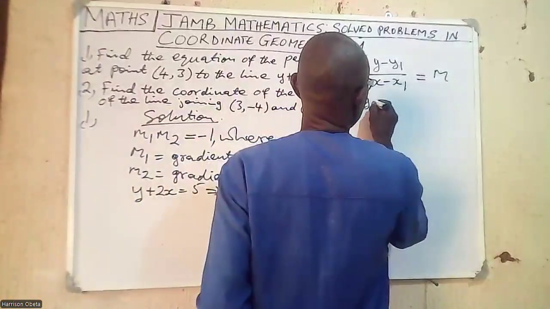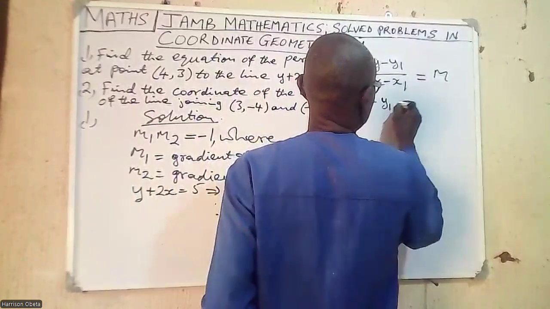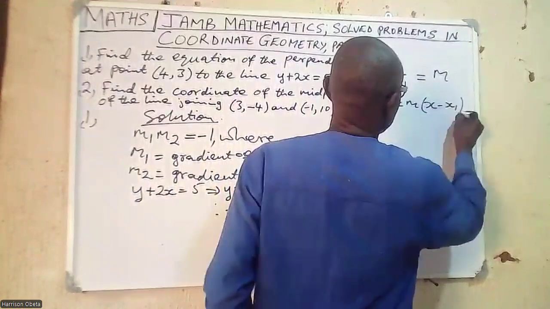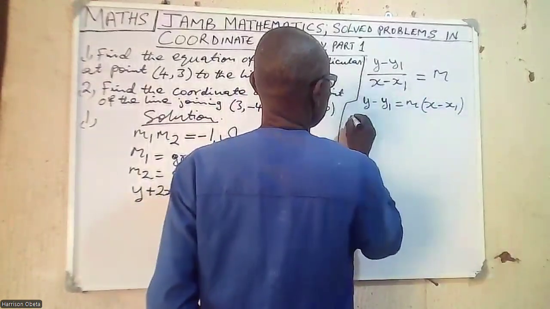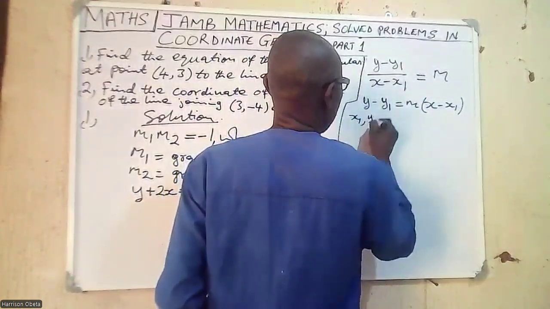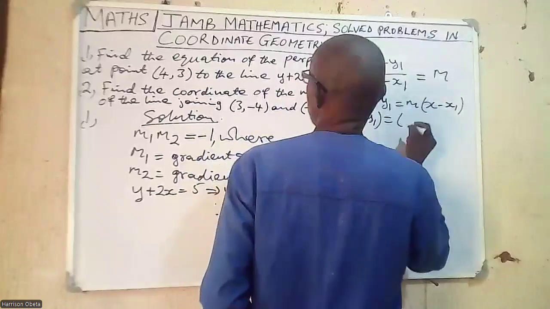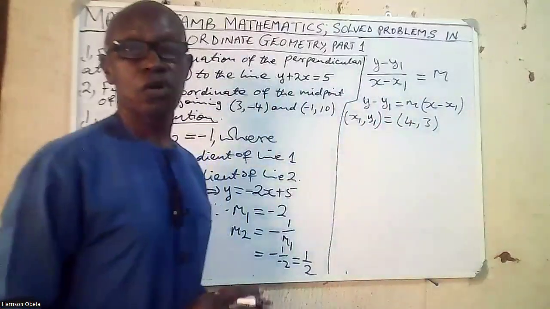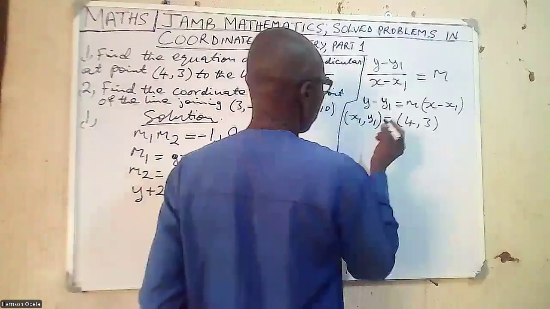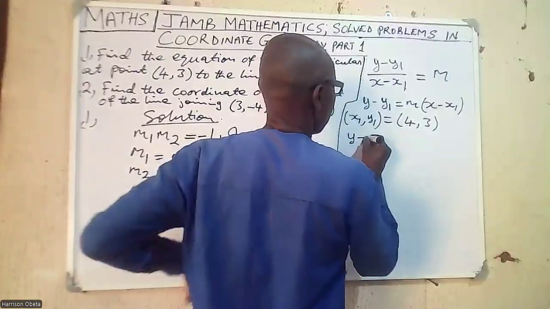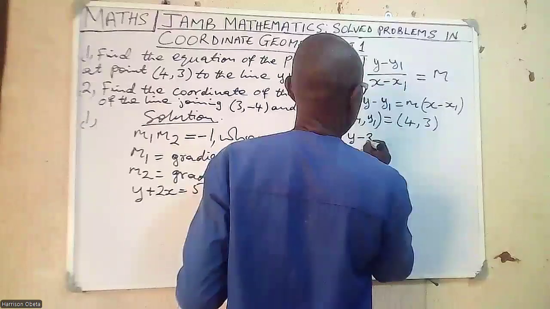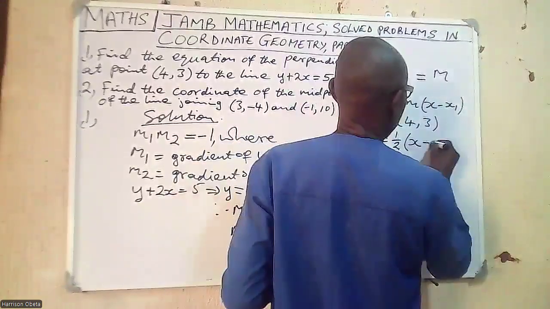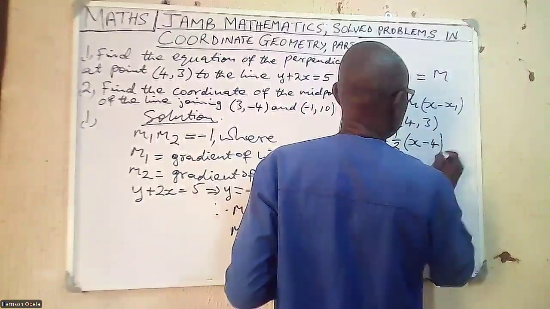So we have y minus y1 is equal to m bracket x minus x1. So moving on, we have y minus 3 equal to half bracket x minus 4.